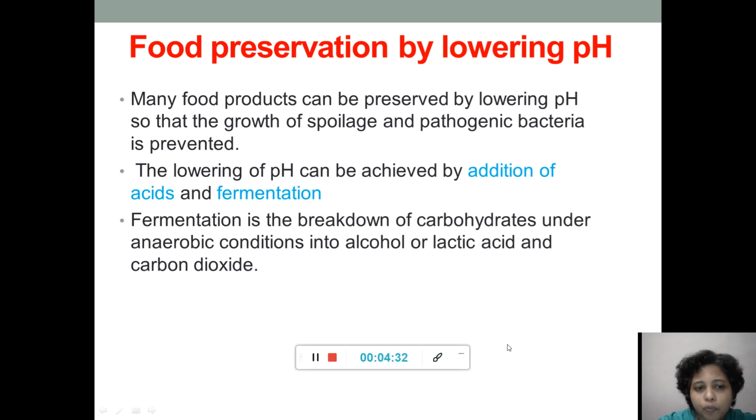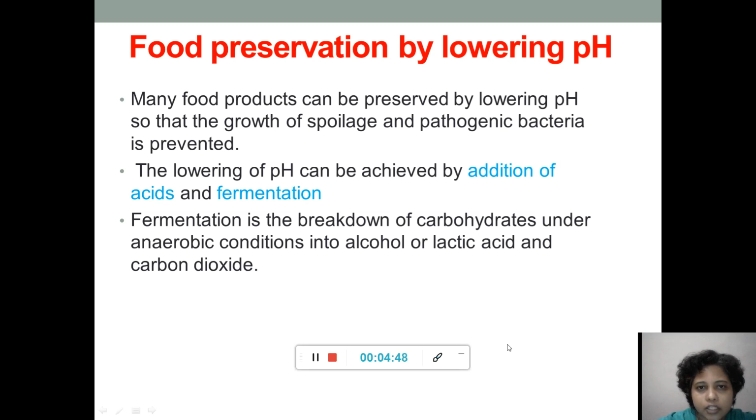Or you can also add certain microbes which will do fermentation. You know what fermentation is? Fermentation is the breakdown of carbohydrates under anaerobic conditions into alcohol or lactic acid and carbon dioxide.